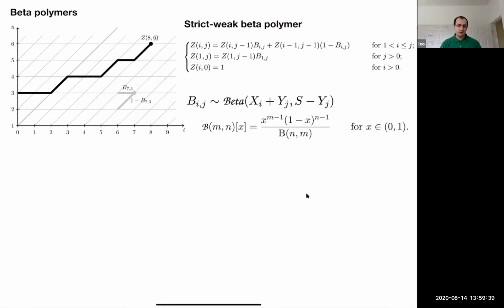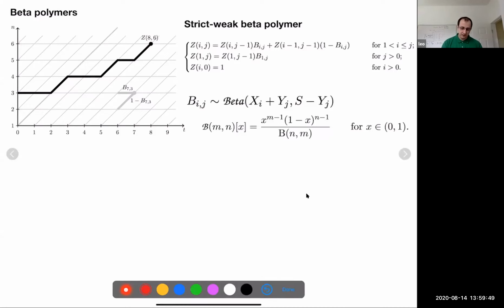The strict-weak beta polymer is a random polymer model. You take an environment where you take beta weights, beta distributed random variables which are independent. The B_ij are independent, and using every B, you weight the horizontal edges by B and diagonal edges by 1 minus B. So horizontal and diagonal are dependent, but otherwise everything is independent.